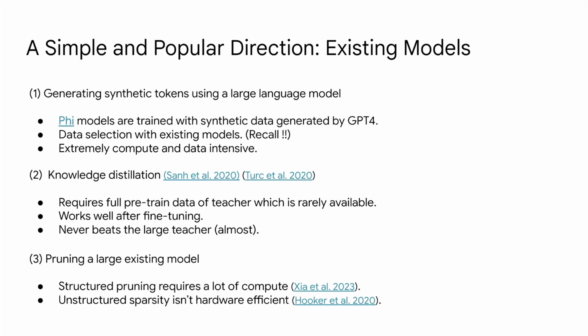But pruning also requires a very intelligent technique and a lot of GPUs to prune. So pruning is not a free lunch. You have to use a lot of GPUs to even prune a very large model, so it's not like you can do it on one GPU. Pruning could also lead to unstructured sparsity, which is not always hardware friendly.